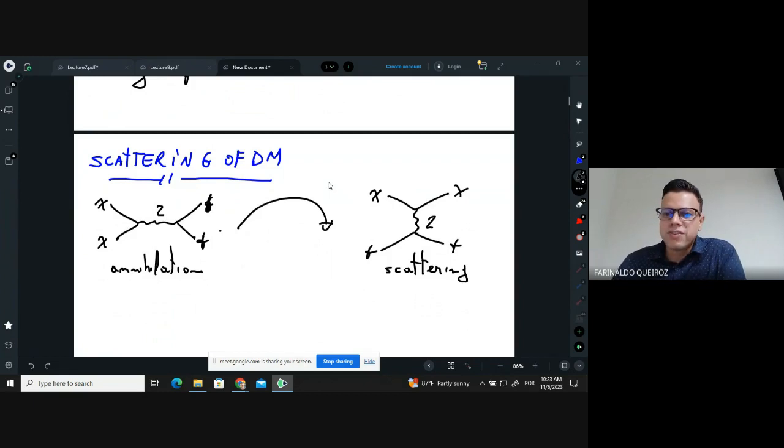Because the momentum transfer will be dictated by the mass. This guy is at rest usually, so the momentum of the Z boson will be governed by the energy of chi, right? In this case, the energy of the Z boson is twice the dark matter mass.